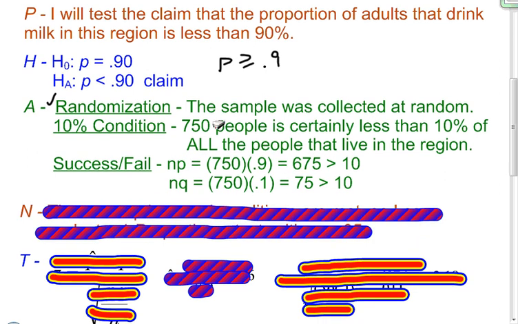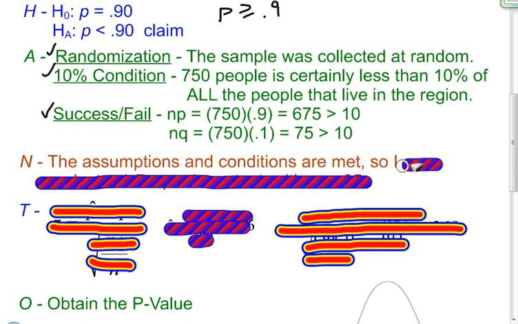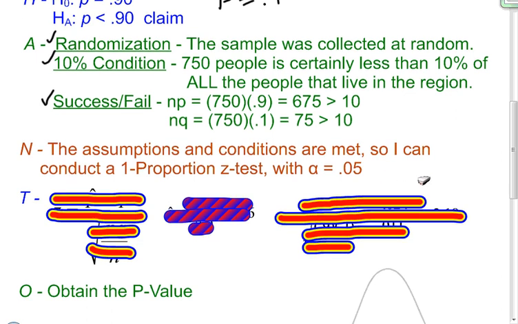So once we realize that our assumptions and conditions have been satisfied, then I move on to naming the type of test that I'm going to work with. So here we go. The assumptions and conditions are met, so I can conduct a one proportion z-test with my alpha equal to 0.05.